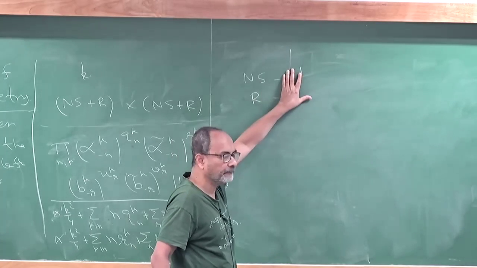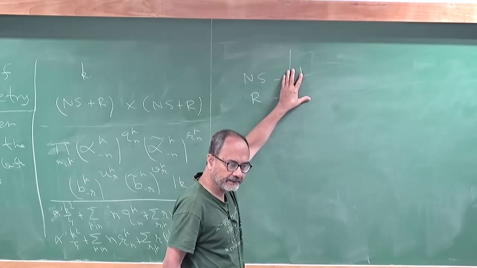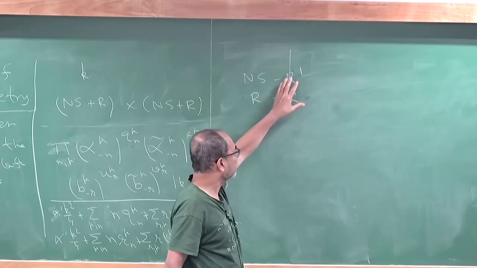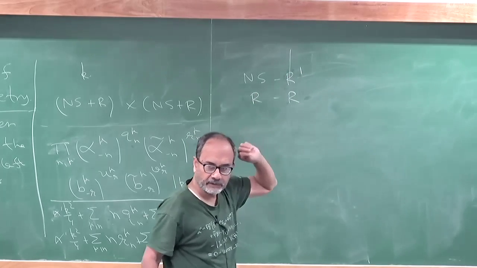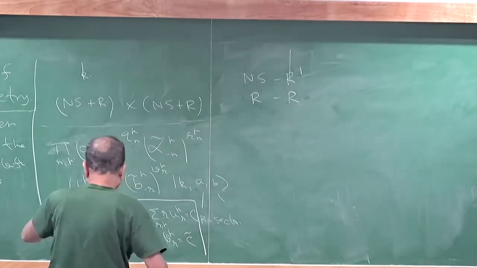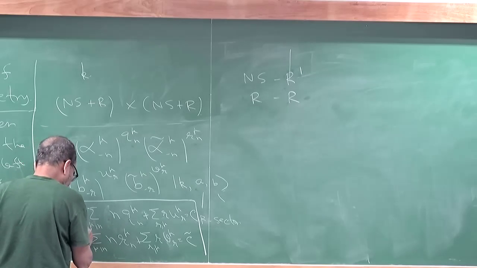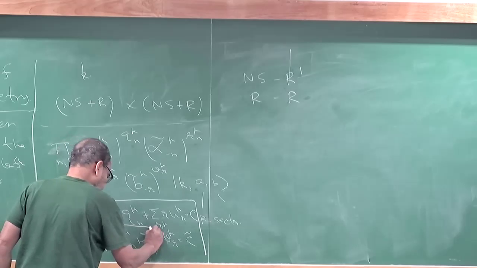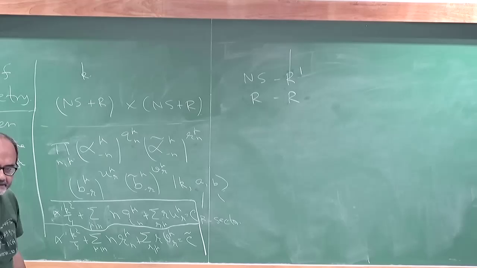For any particular state you take on the right sector, the number of states in the NS sector and R sector will match for that particular state. Whether it's R or NS doesn't matter, because for a given k we can solve for these two conditions independently.